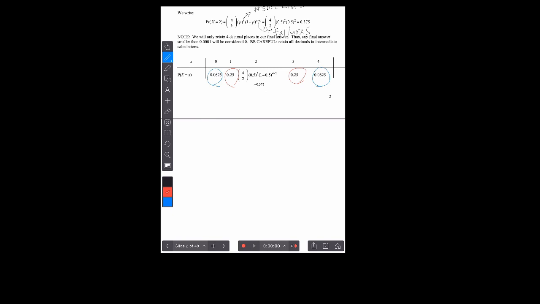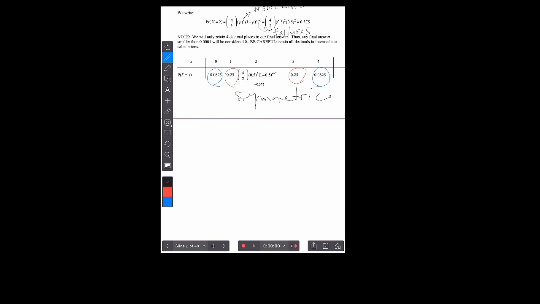So this is actually symmetric. If I was to draw this, it would be spikes that would be mirrored around the middle, and the middle would be 2, right? Now, are binomial variables always symmetric?